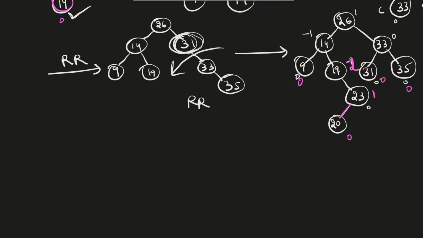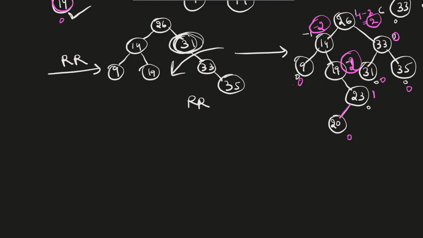And coming to 14, it is having 1 minus 3, that is -2. Then 31 is again having 0, and 26 is having 4 minus 2, that is equal to 2. See, at a time 3 problems have occurred.